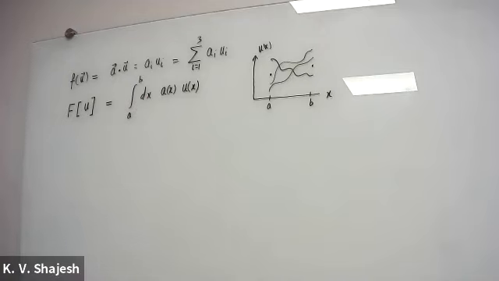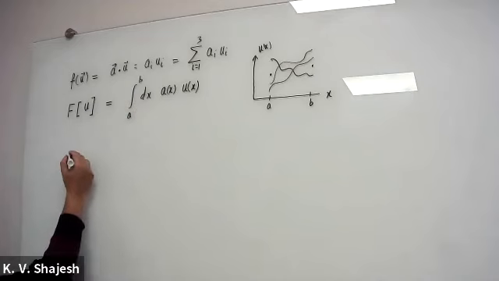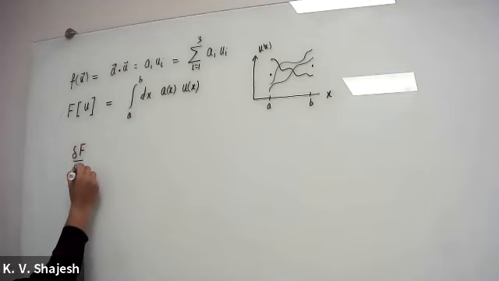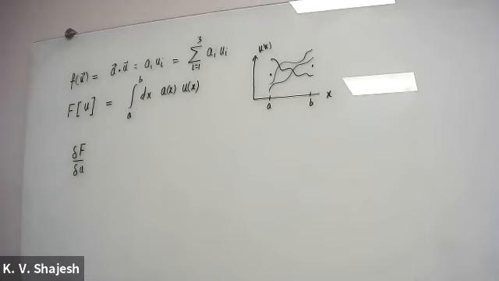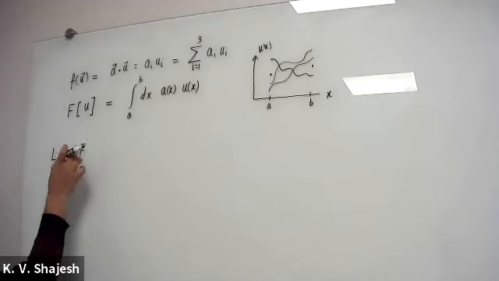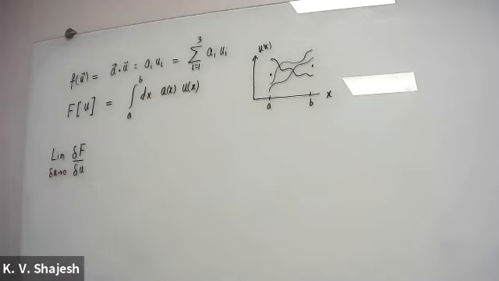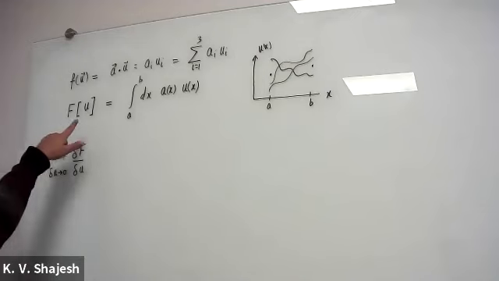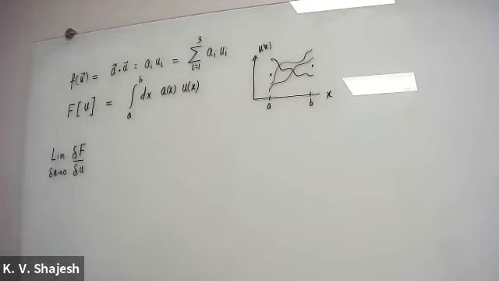Okay, so the functional derivative now would be, so this is delta f over delta u, and this will be the limit of the change in f divided by the change in u, as delta u tends to 0. So that means I'm going to change, out of all possible functions, the function a little.